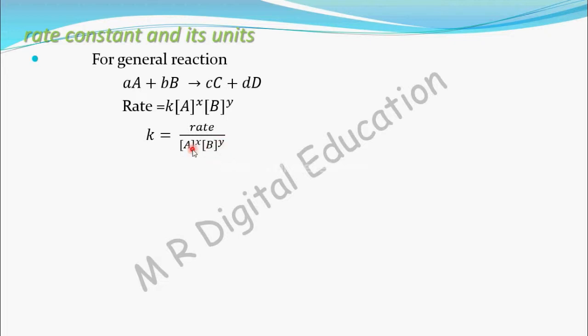See, when the concentration of A and B becomes equal to 1, then 1 to the power x into 1 to the power y equals 1, because 1 to the power any number will always be equal to 1. So K equals the rate when the concentrations of A and B are unity.